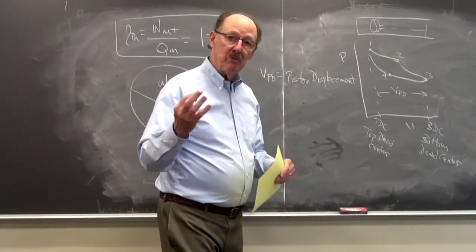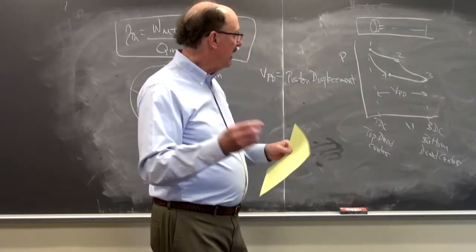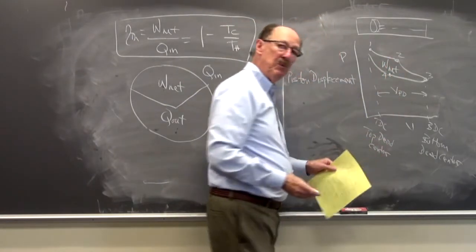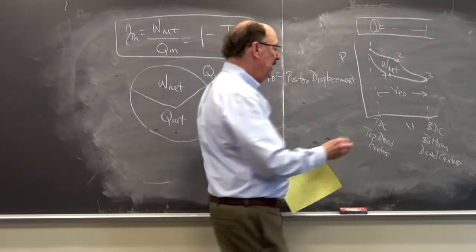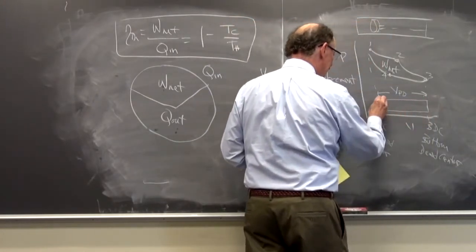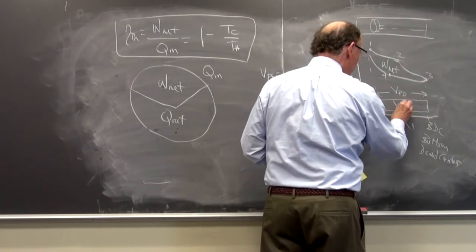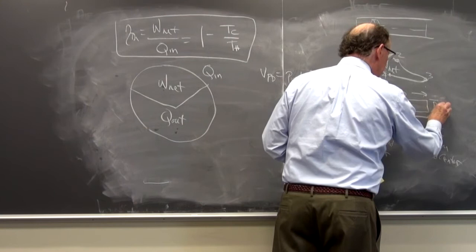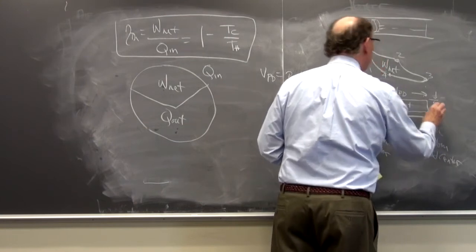Now, with the mean effective pressure, this is the net work. What people did is they squished this net work into a rectangle. So I'm going to let the net work be equal to a rectangle, where the height is the mean effective pressure.